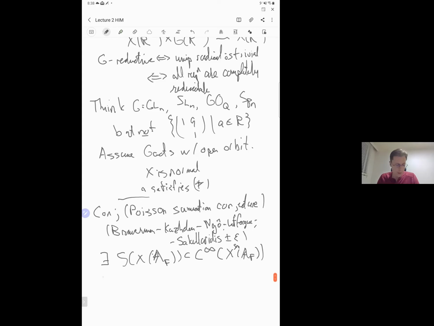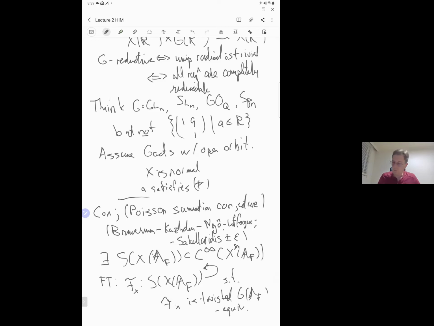And it's important to allow singular things. There's Fourier transforms F_X such that F_X is twisted G-equivariant.